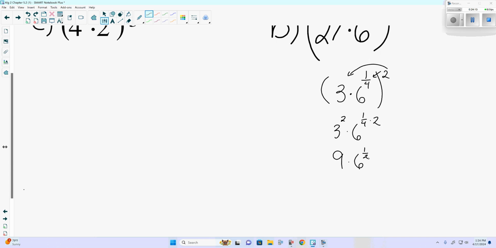Because our 3 squared would be 9. 6 to the 1/4 times 2. Well, 1/4 times 2 is 1/2. So it's 9 times 6 to the 1/2. If we could reduce the 6 to the 1/2, we would need to find a number that multiplied by itself gives us 6. And it'd be a decimal.